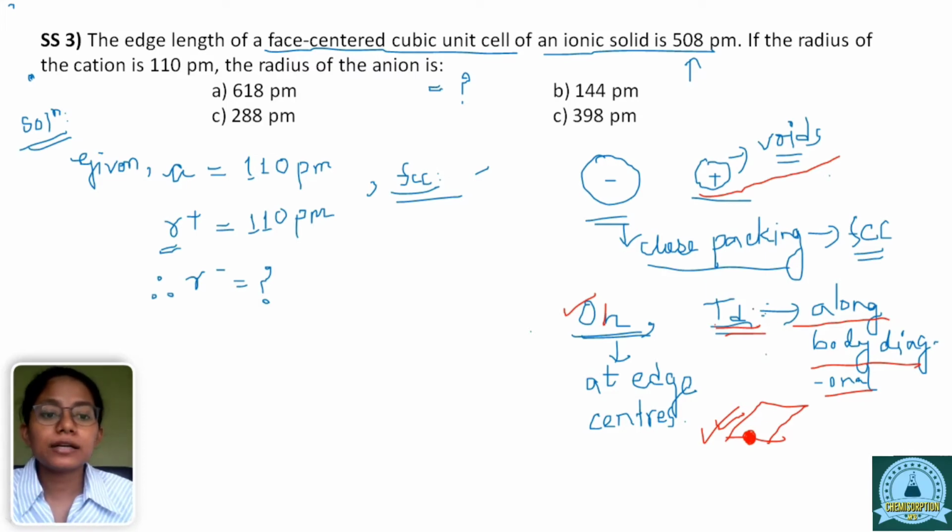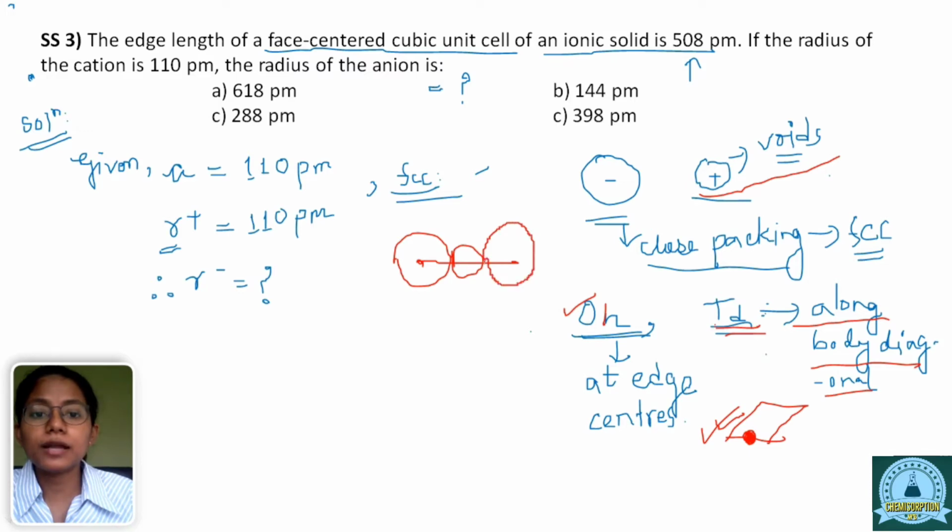So we will consider that they occupy the octahedral voids, that is, they are at the edge centers. It means at one end of the edge we have an anion, at the edge center we have the cation, then at the other end of the edge we have another anion.